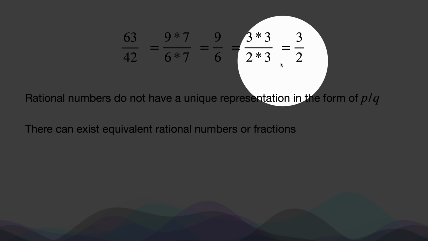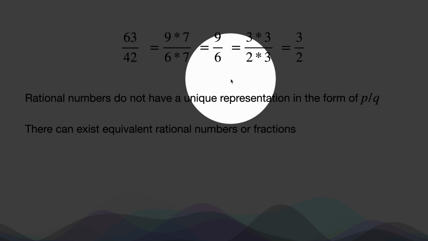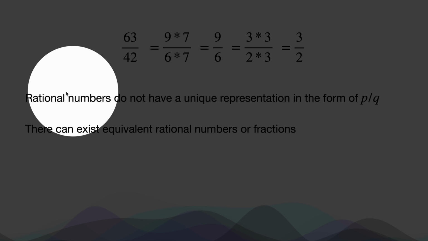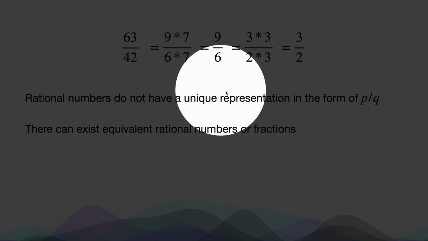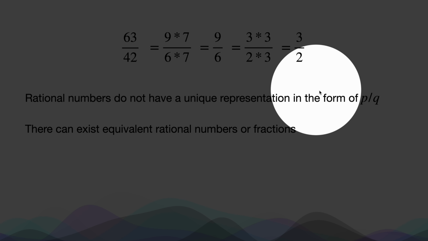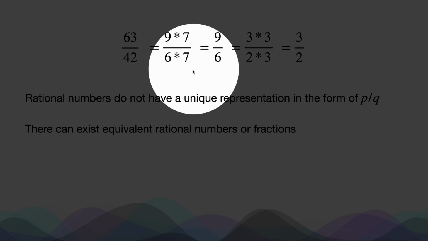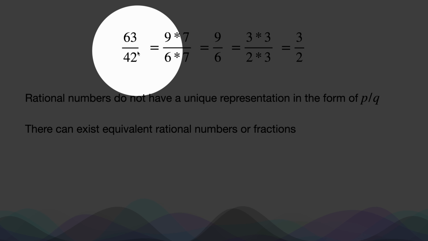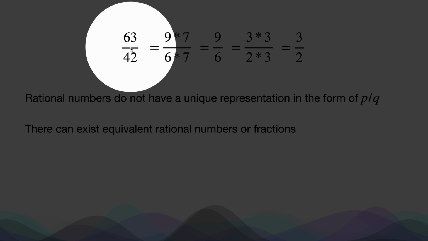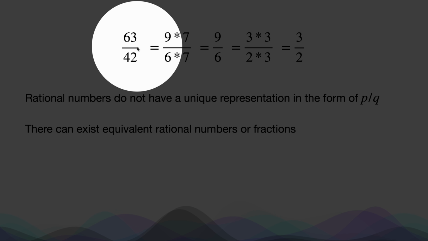So coming again, when I say rational numbers do not have a unique representation in the form of p by q, what it means is that the same number can be represented in so many different ways.